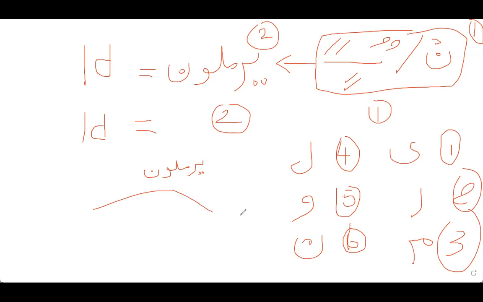One is ra and lam, and the other one is yanmu. These two, ra and lam, are without ghunnah, bila ghunnah. There will be no nasal sound in lam and ra.